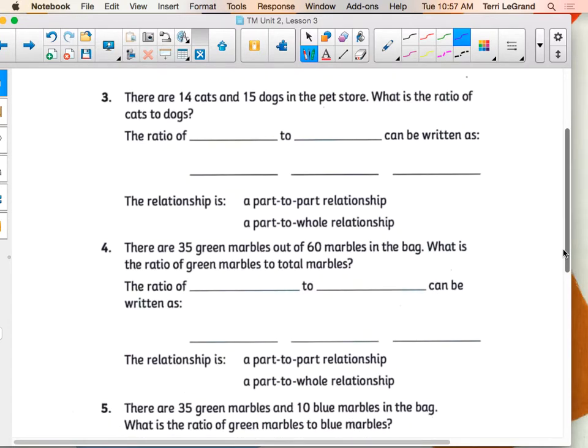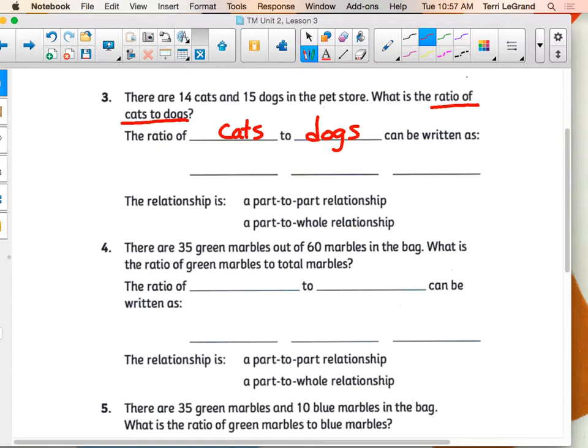14 cats, 15 dogs in the pet store. What is the ratio of cats to dogs? The first thing we're going to do is what? Underline what we're comparing. And then it's so easy to fill it in, isn't it? The ratio of cats to dogs.